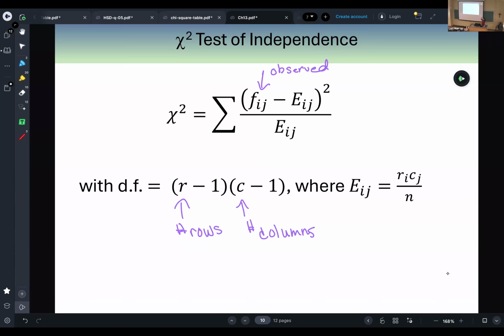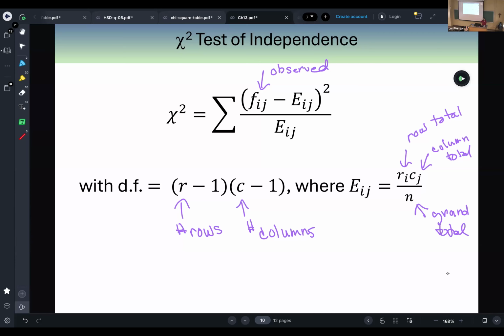And you get the expected counts by taking the row total multiplied by the column total for each tabulation in the table. Whatever tabulation you're looking at, it will be that row total multiplied by that column total, divided by n, which is the overall total, the grand total.